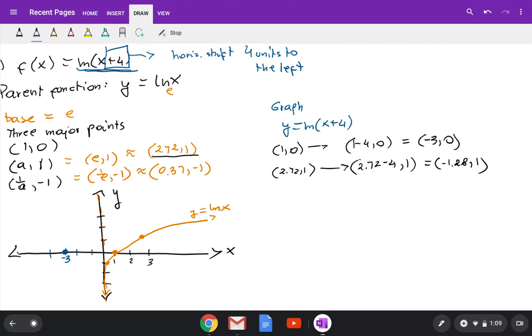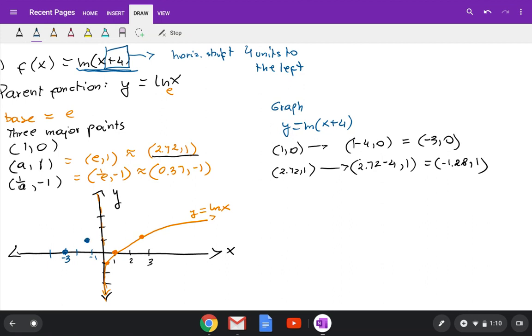So negative 1.28, somewhere here, comma 1. That was pushing this one right here.